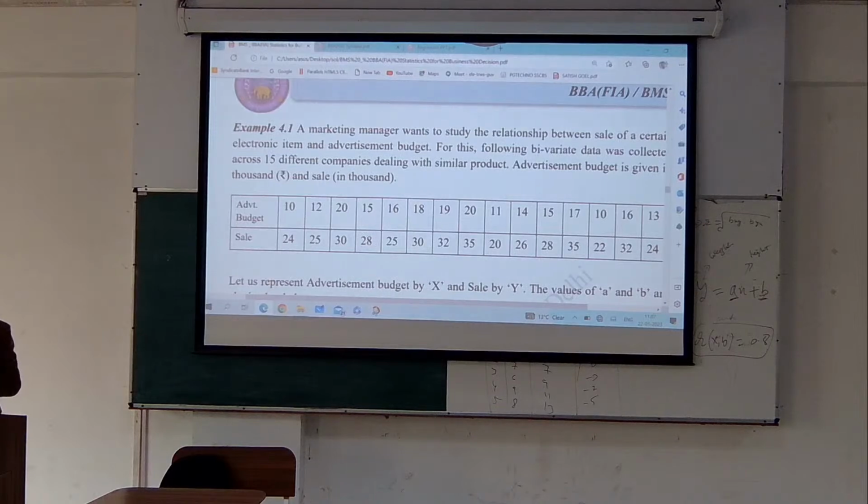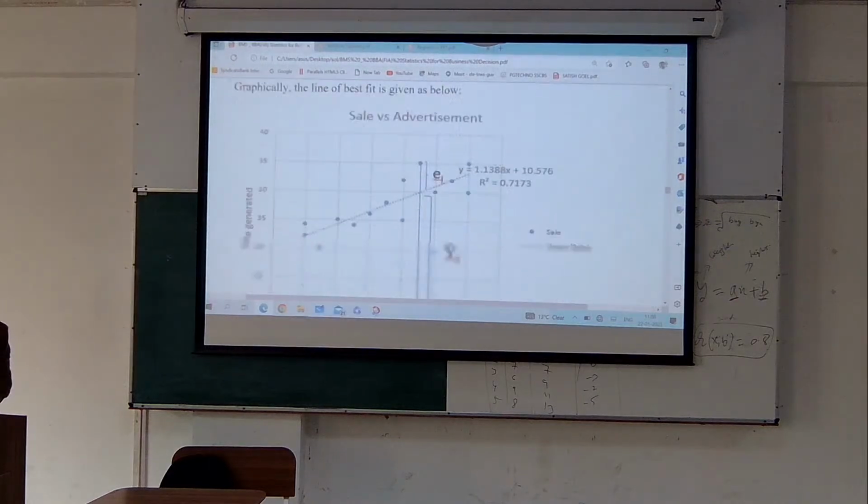So there are many factors on which sale may depend. So you can consider all these factors, then it would be multiple regression. Multiple, more than one variable, 2, 3, 4, 5, 6, 7, x1, x2, x3, x4. So you can think of that.